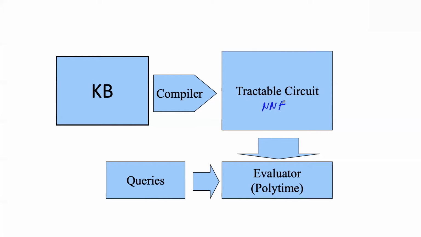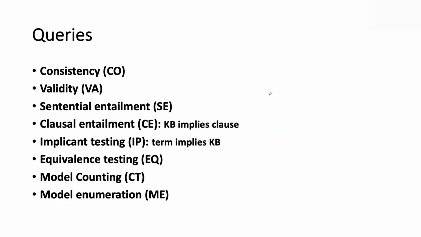If we have one of these tractable circuits, then certain queries become tractable, in the sense that we can answer them in polytime on these circuits. These are queries that are generally hard, for example, when applied to CNF. As part of our discussion later, we'll talk about compilation: how do you compile a Boolean formula, typically in CNF, into one of these circuit types? But let's keep going here.